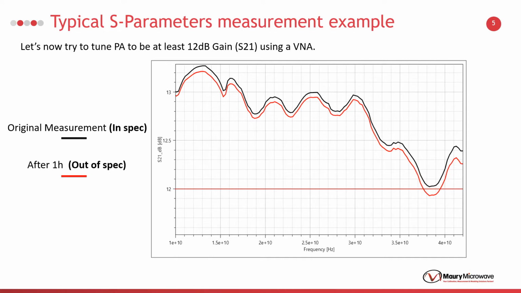The red graph is now shown on the VNA. Why did this happen? An hour earlier, when the engineer looked, he saw the black plot and it was meeting the spec. Now after an hour, the plot changed, it went down, and it's not meeting the spec.